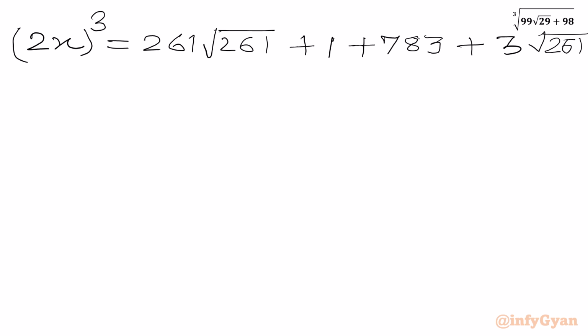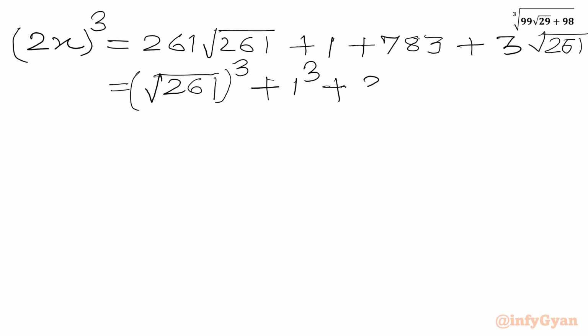Now 261 times square root 261 can be written as square root 261 whole cube. Then 1 we can write as 1 whole cube. 783 I can write as 3 times 261. Then we have 3 times square root 261.